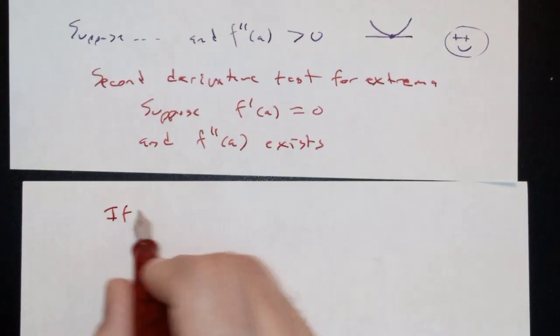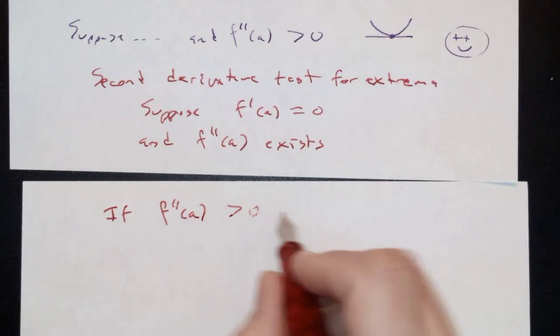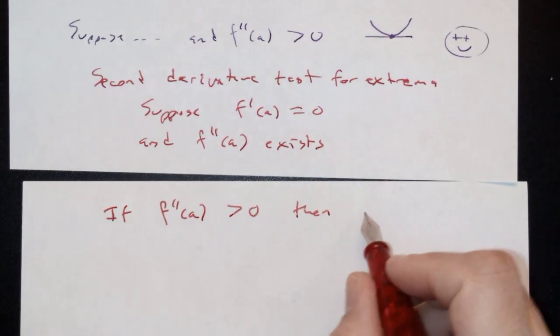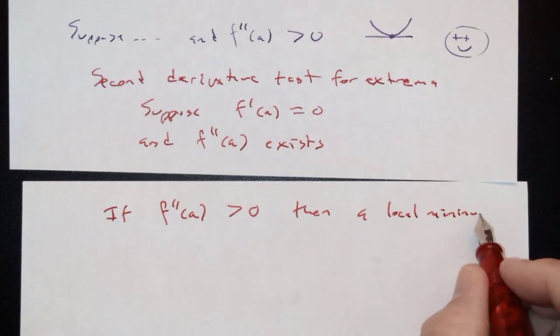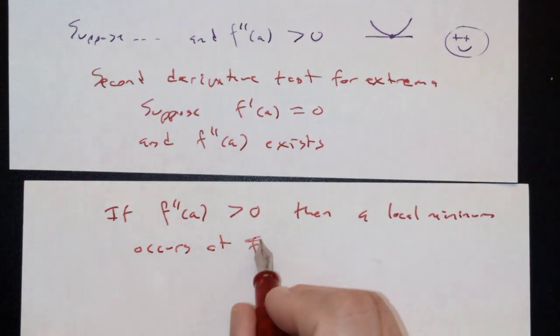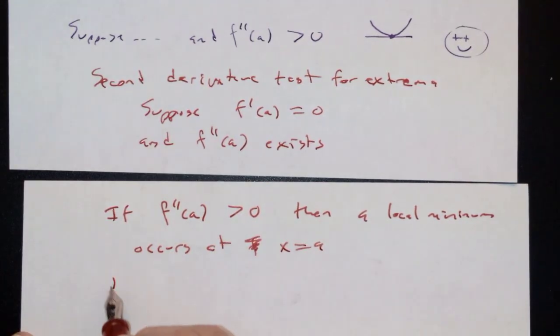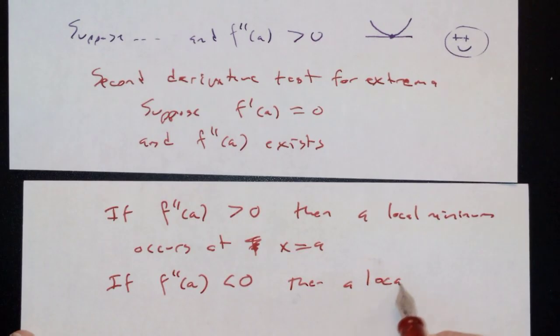If F double prime of A is positive, then a local minimum occurs at x equals A. If F double prime of A is negative, then a local maximum.